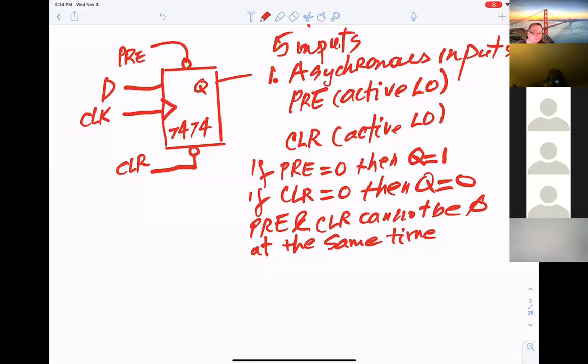I guess what I was trying to say is, a lot of times in Excel, you would give us stuff and say, okay, if something wants to go to 1, but clear is already 0, then it'll be 0. Right. But I can set preset equals 0 anytime I want, even at the beginning. Oh, I know what you mean. You mean you can set it to 5 volts, which is 1. Yeah, if we connect to 5 volts, that means you cannot connect to the 0.